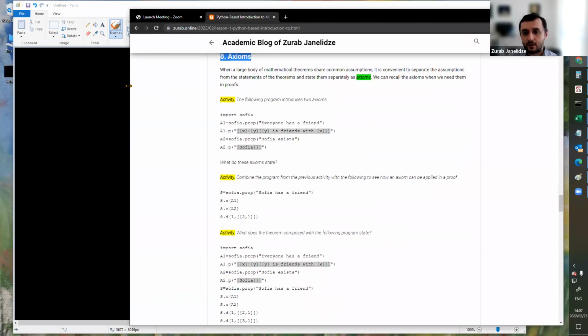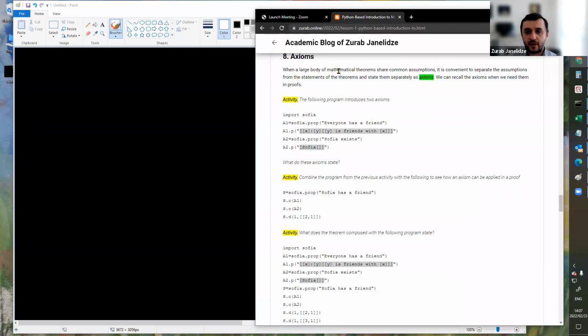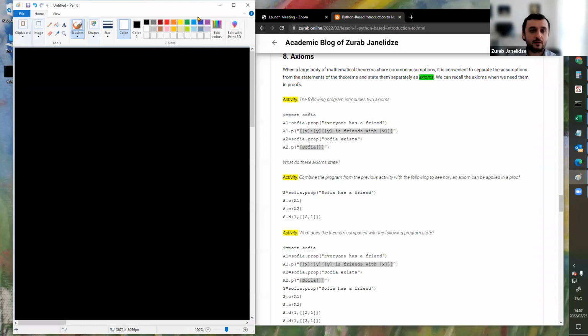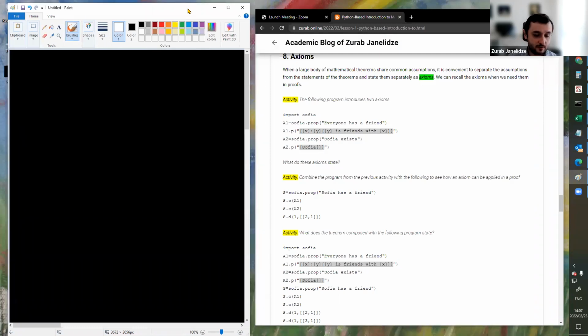So what are axioms and how do they relate to theorems and proofs? Well, to prove something in mathematics, and not just in mathematics, in any area of science, to prove something means to derive that thing from other facts.